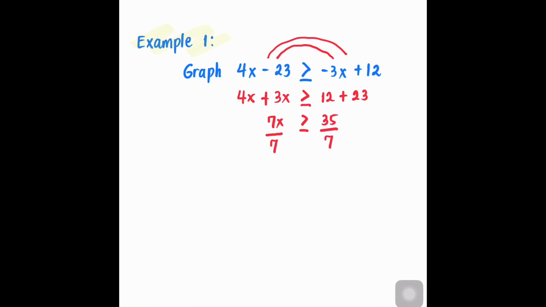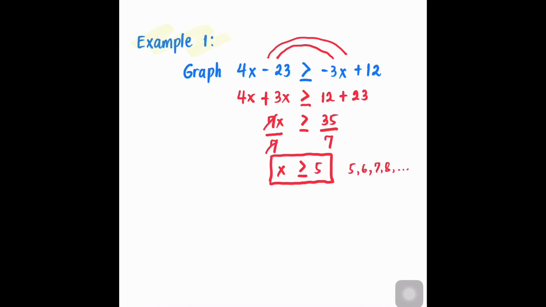By dividing both sides by 7, we will find that x is greater than or equal to 5. After solving, this is where we will base our graph. So it says x is greater than or equal to 5. So definitely we're looking at numbers from 5, 6, 7, 8, and so on and so forth.